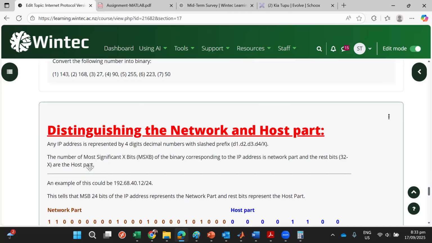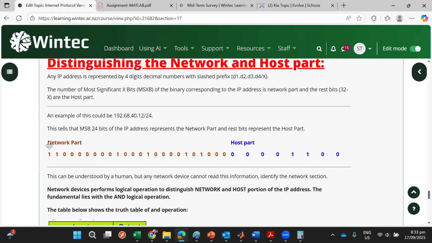So in the IP address, if I want to find the network part, I need to retrieve this network section without any modification, right? To do that, I can take another number with all the network bits equal to 1 and do the AND operation, and with this AND operation I can retrieve only this part. That means the host part I need to set to 0.